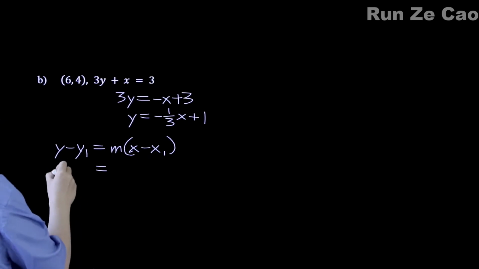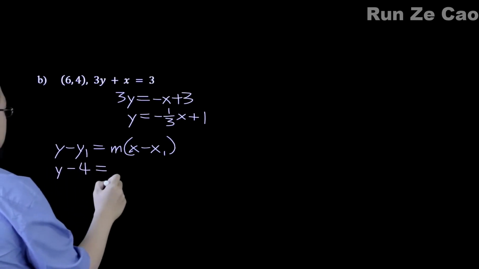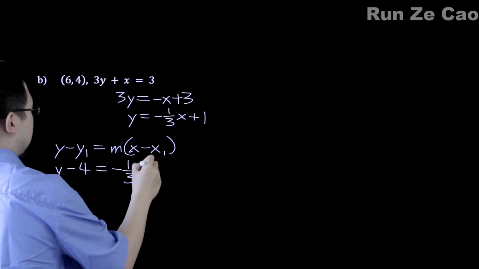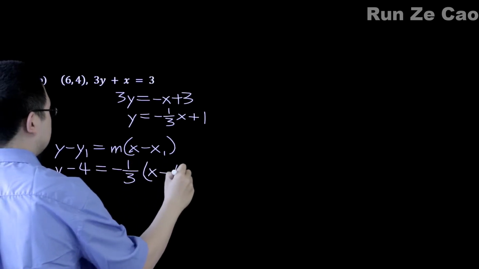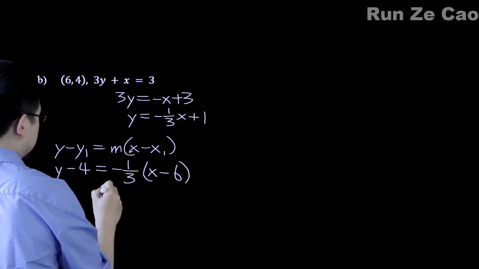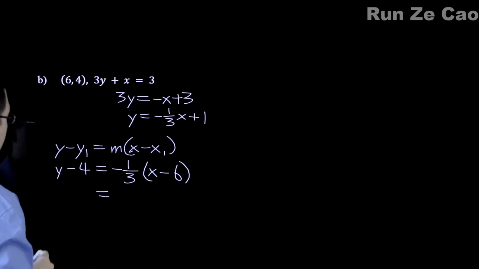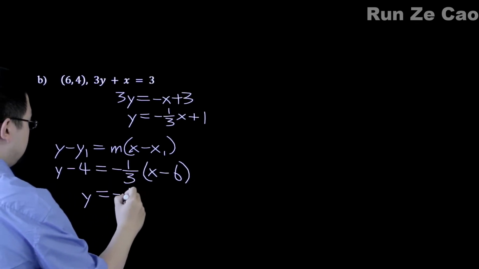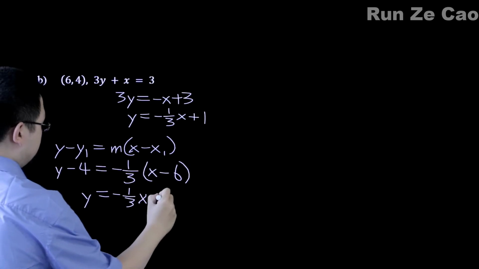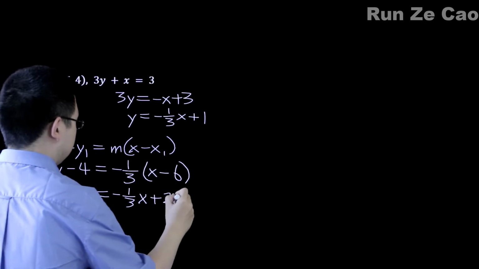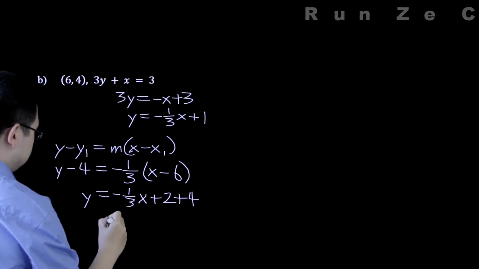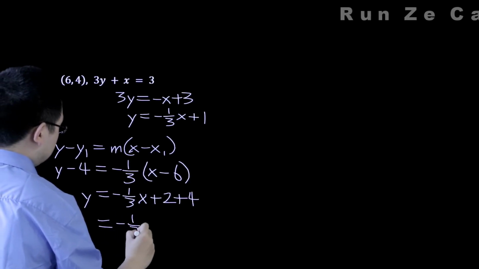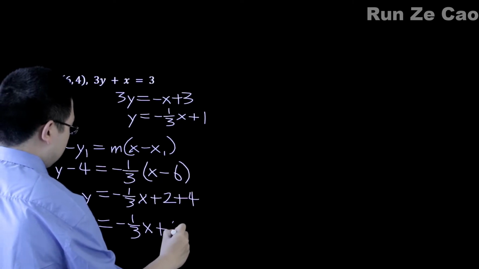So y minus 4 equals m, negative 1/3, times x minus x1, which is 6. Now, y equals negative 1/3 x plus 2 plus 4. So, negative 1/3 x plus 6.